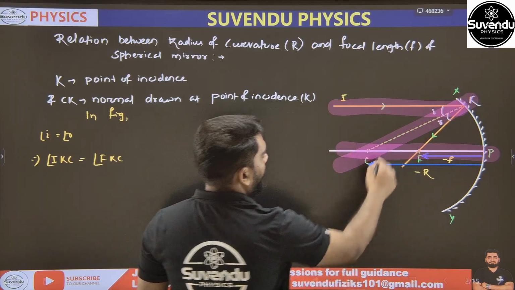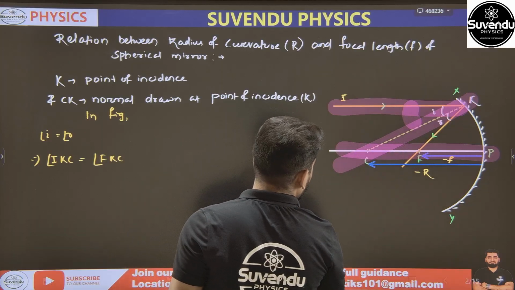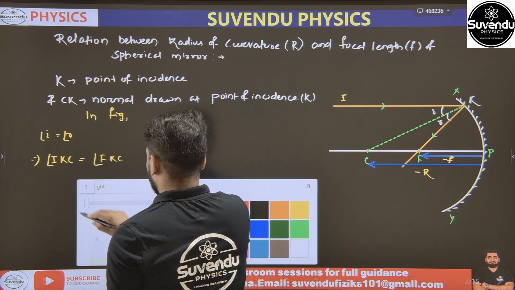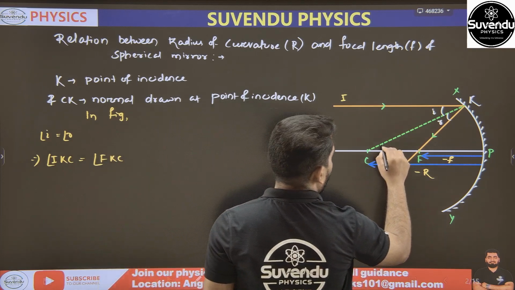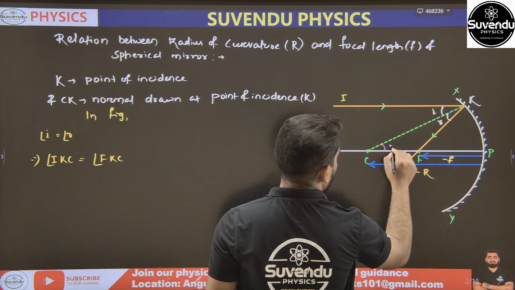So this angle is also the angle of incidence i. So in the figure, this angle is also our angle of incidence i.